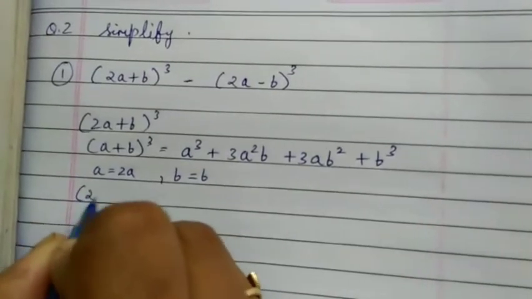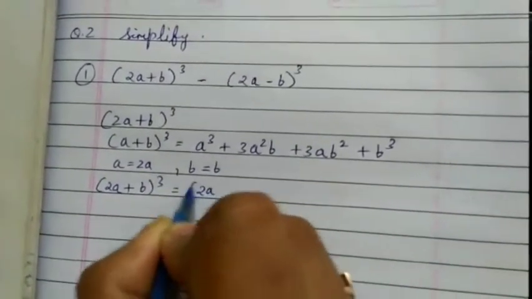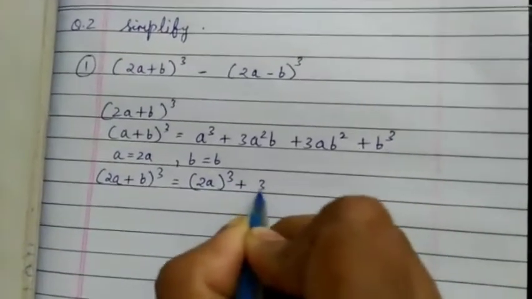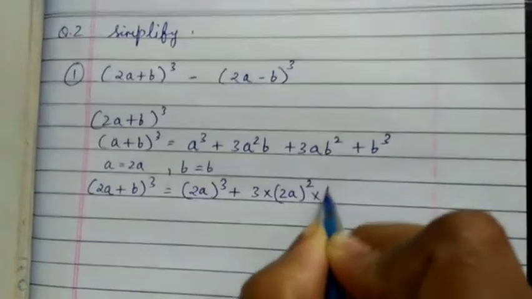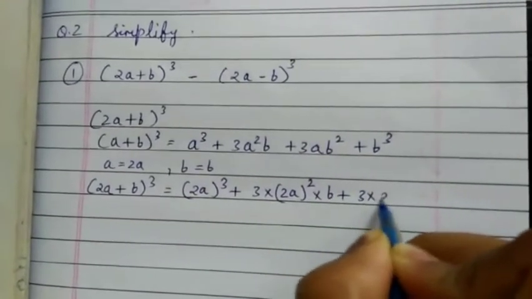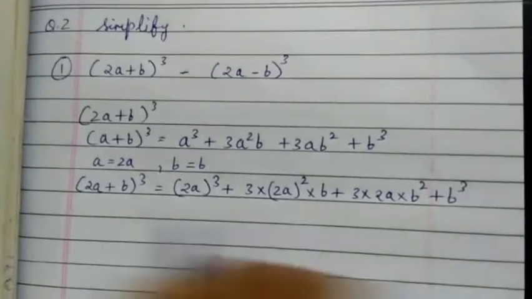So put in the formula: 2a plus b whole cube is equals to 2a whole cube plus 3 into 2a square into b plus 3 into 2a into b square plus b cube.